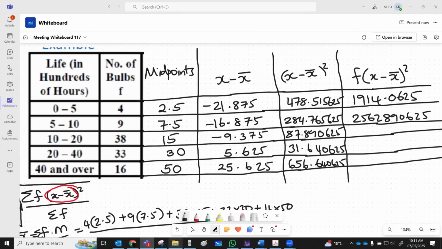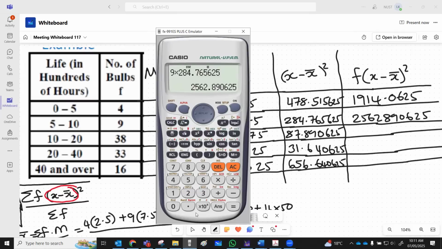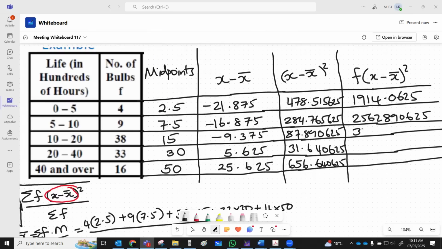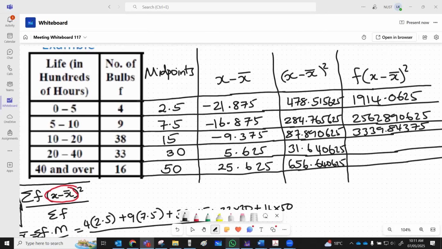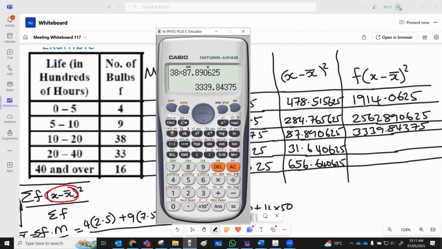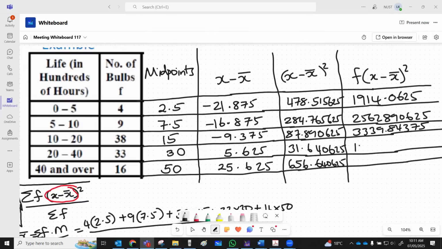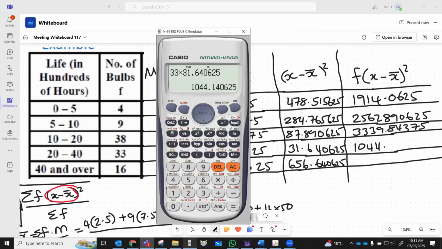Okay, then the next one, I have 38 times 87.890625. This is 375, and then 33 times 31.640625, 1044.114.